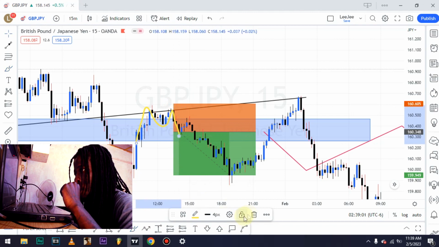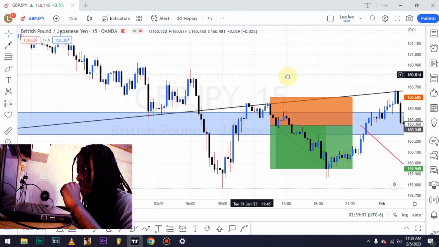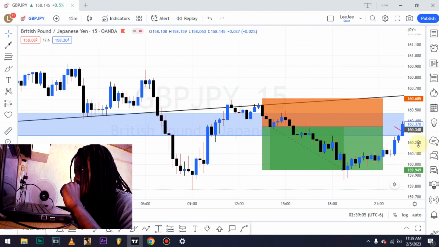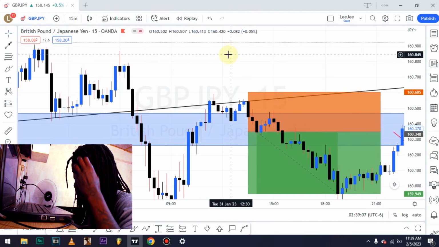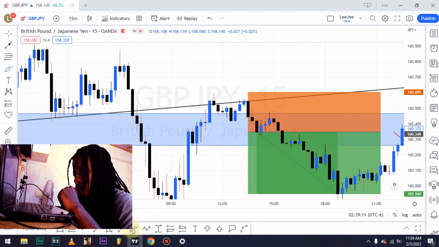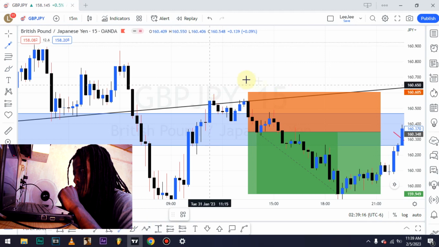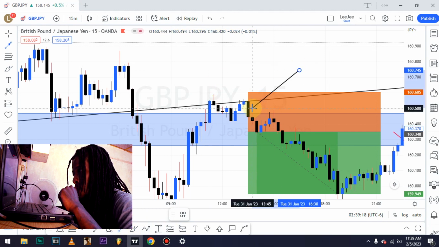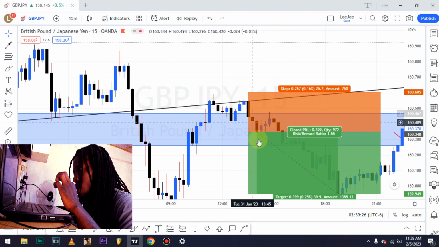That was just a sign to tell me that the price is about to reverse. But then there was this great candlestick over here to show me that the bears are in control, that the bears are now taking their position.